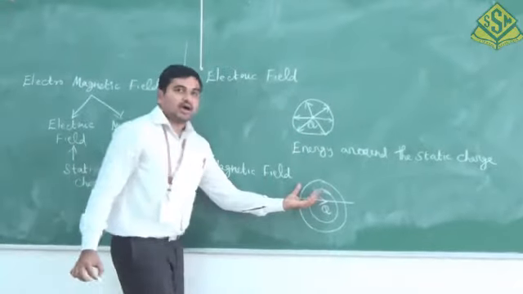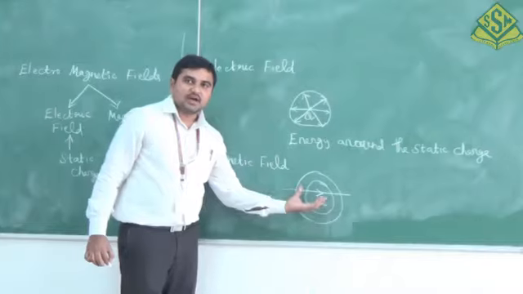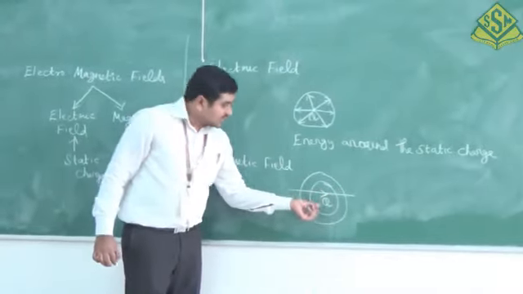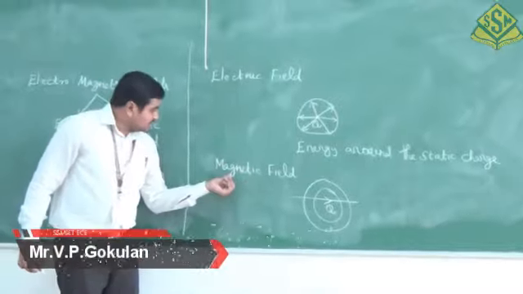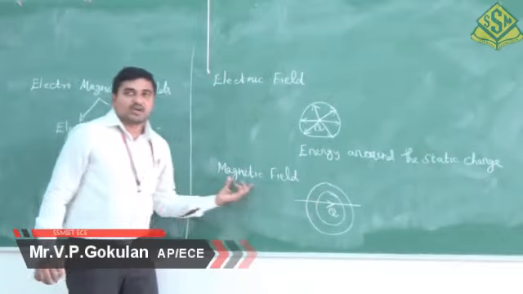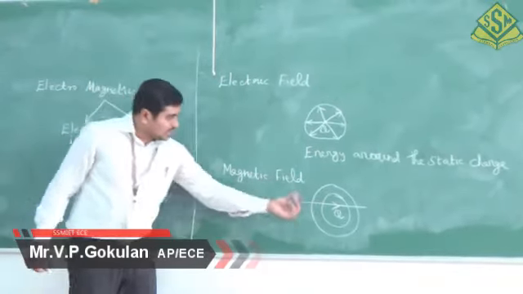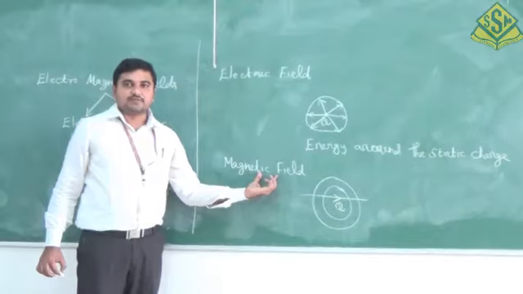So this effective area which consists of magnetic flux lines is an energy area of this moving charge. So we can define this as an energy area around this moving charge is called magnetic field.